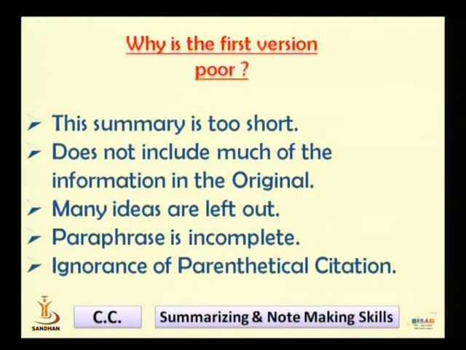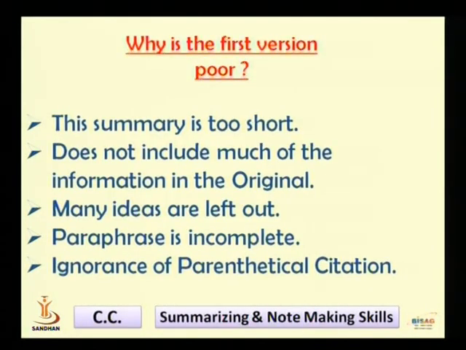Now what do you understand by parenthetical citation? It is when you make references to someone else's ideas, either through paraphrasing or quoting them directly, and you provide the name of the author and the page number of the work. So you are literally indicating that this sentence is from this passage.